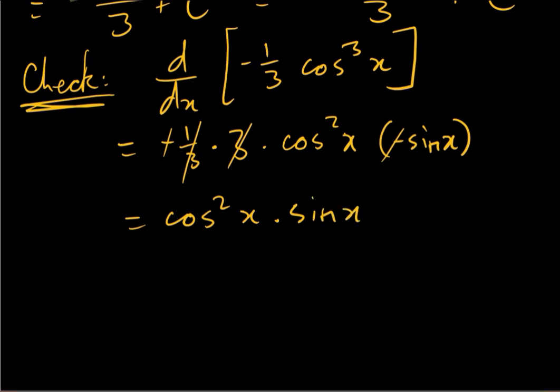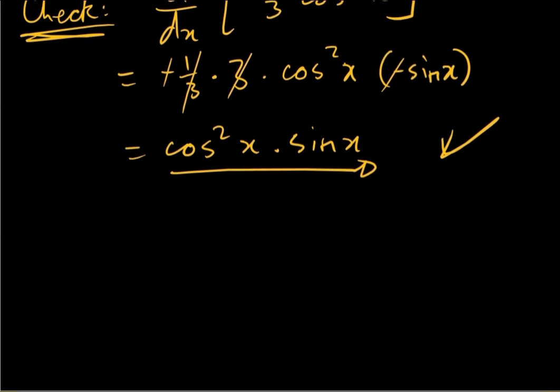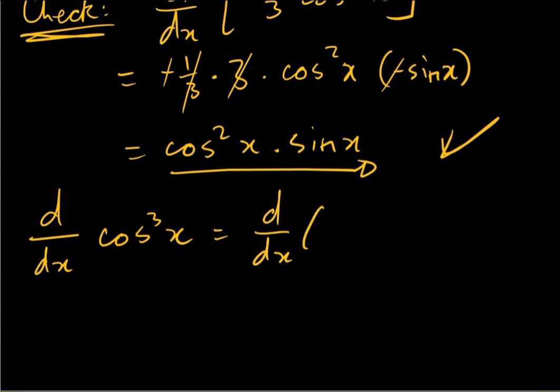So this is again 100% correct, but I just want to explain what I meant there when we did the derivative of cosine cubed. When you take the derivative of cosine cubed, what you're saying is it's the derivative of cosine of x to the power 3.